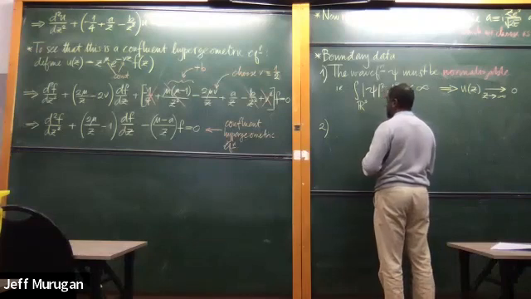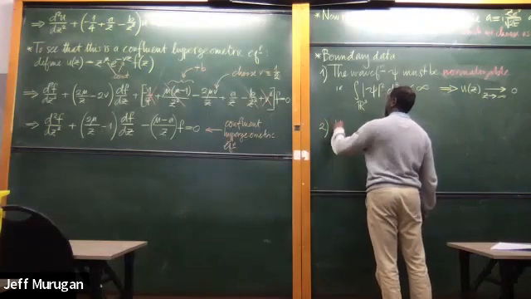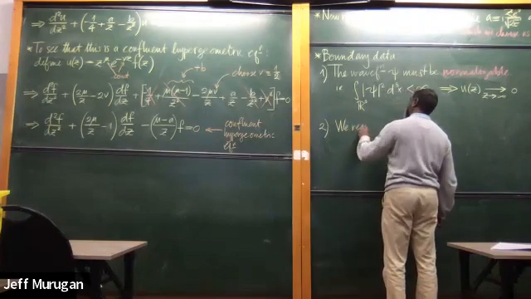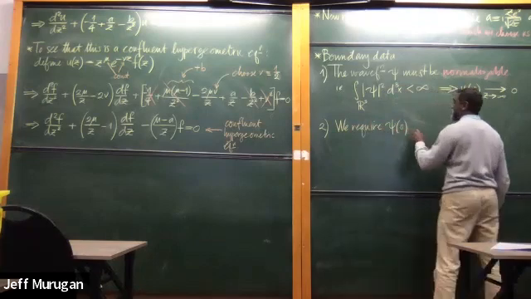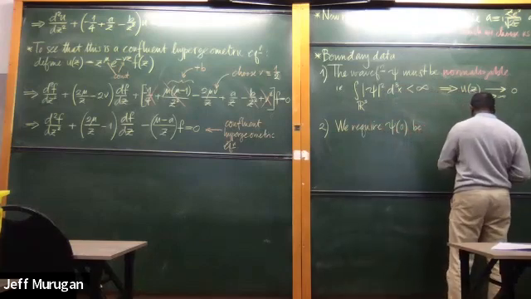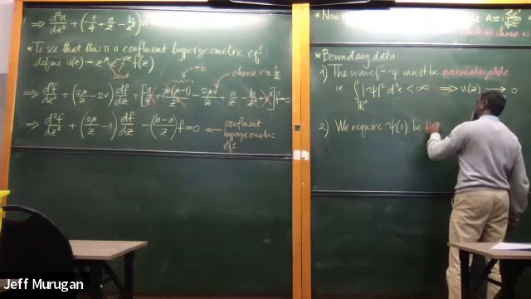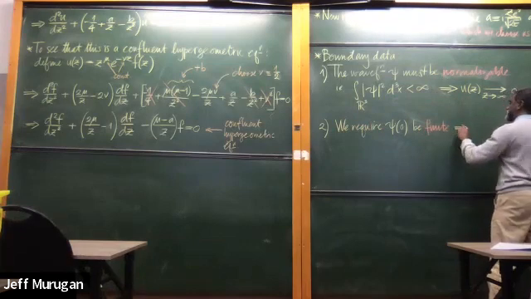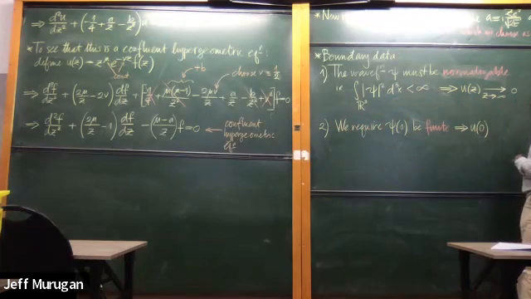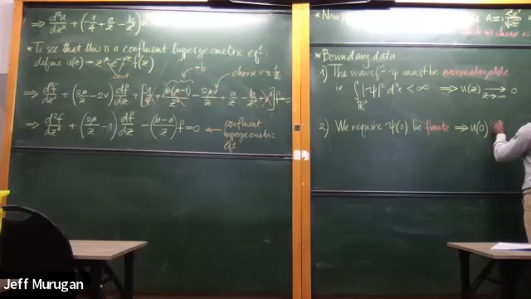So this in turn implies that u not be finite, and this is what sets the normalization.